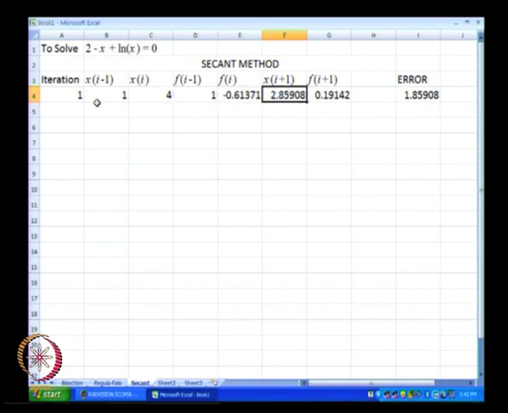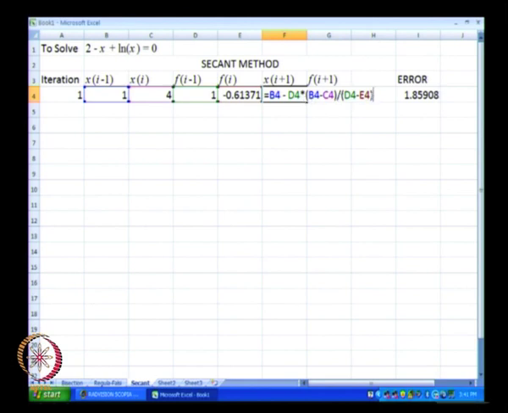X of I plus 1, as we had said, was computed using x of I minus 1 minus f of I minus 1 multiplied by xi minus xi minus 1 divided by fi minus fi minus 1.